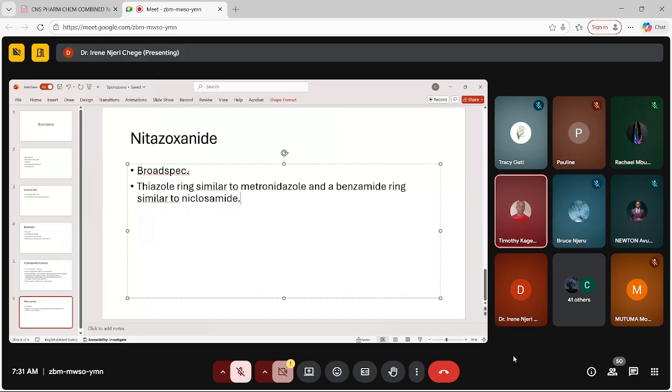The adult worms, specifically tapeworms.